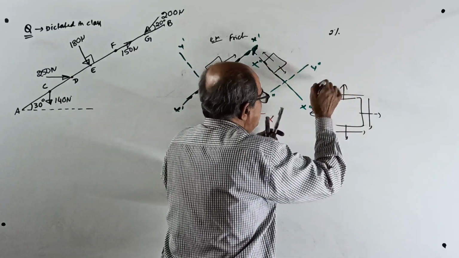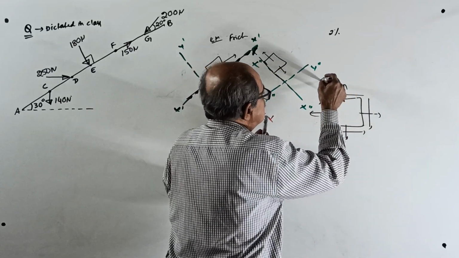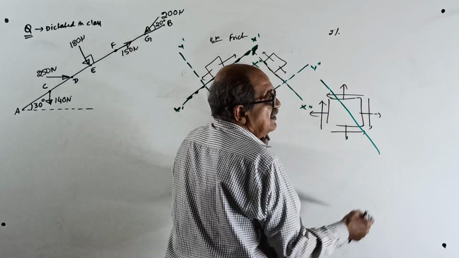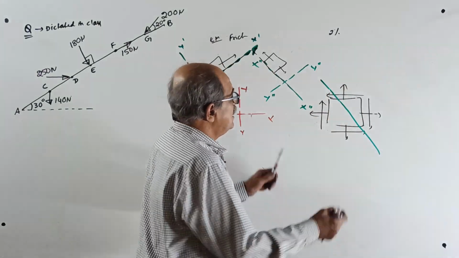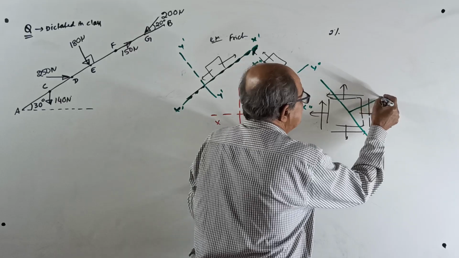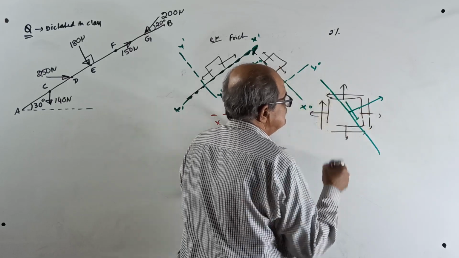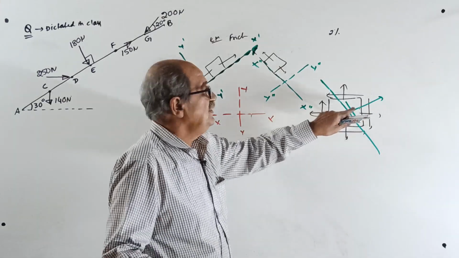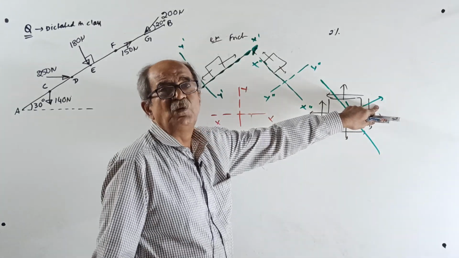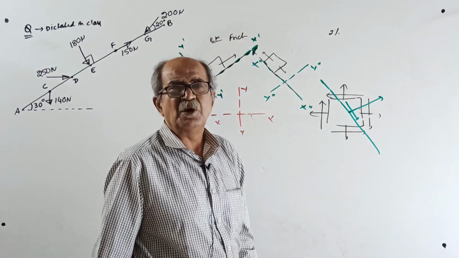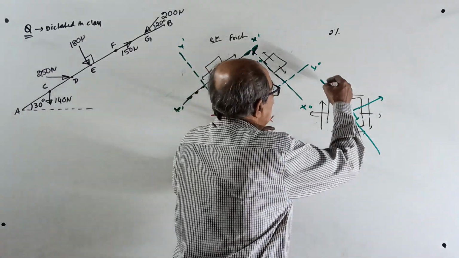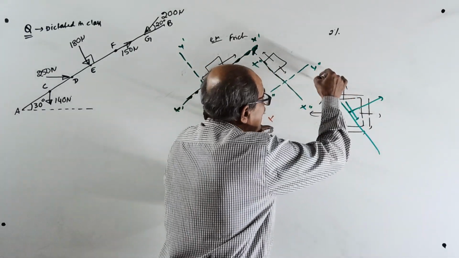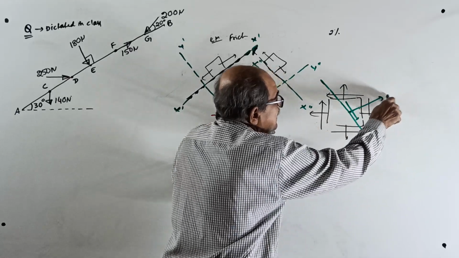Sometimes an inclined plane will be given, and for that plane you require the normal stress and shear stress. Then you have to resolve the stresses. You cannot resolve directly, you have to convert to forces. That will come in strength of materials. You have to resolve in this direction or in this direction.